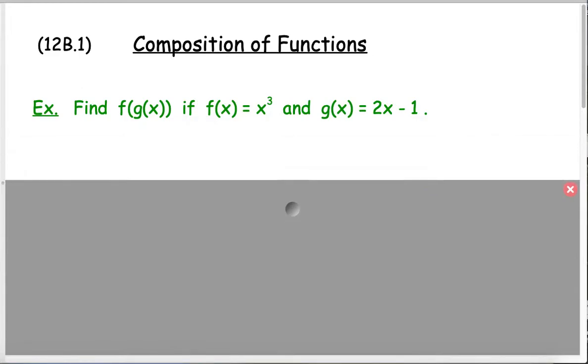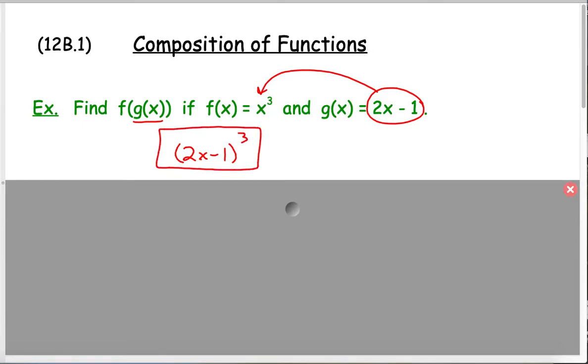Find f of g of x if f of x is x cubed and g of x is 2x minus 1. So if you remember, for composition, you take that inside function and then you plug it in to the outside function. So wherever I see x, I'm going to plug in 2x minus 1. So the composition is going to be (2x minus 1) to the third power.